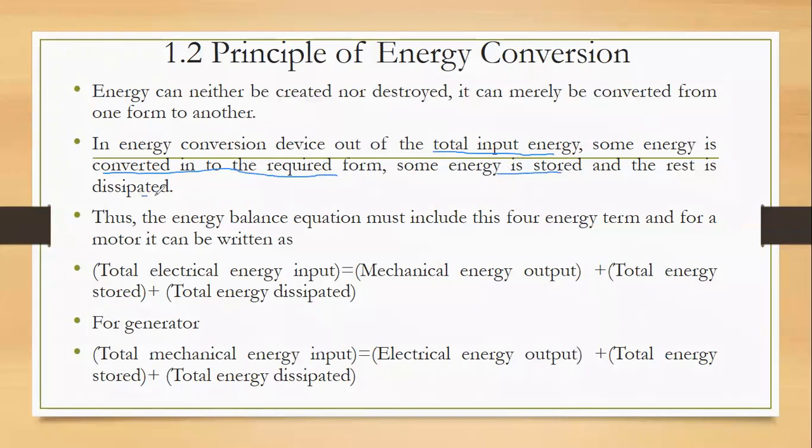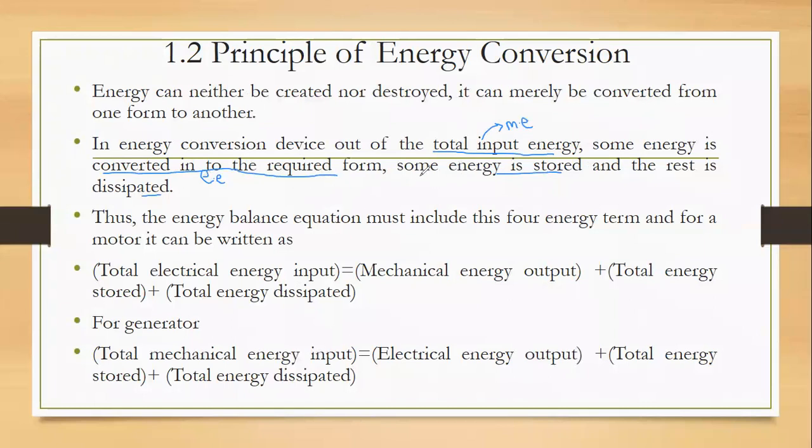So for example, if our input is mechanical energy, then the output will be electrical energy, right? Because this is the case of a generator. The generator converts mechanical energy to electrical energy.